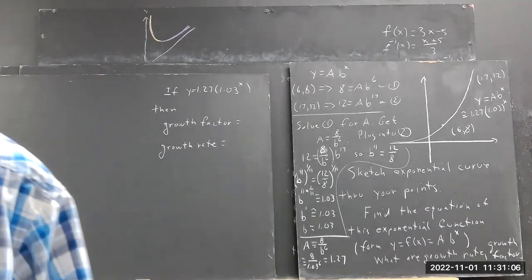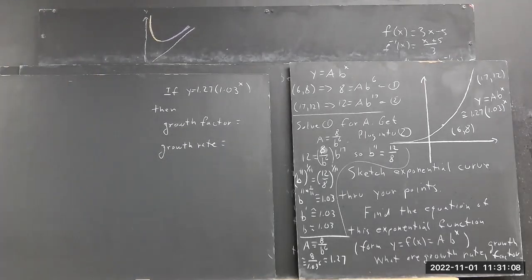You haven't got those on your paper. You're checking my numbers. Go ahead, but if you don't have the growth rate and growth factor on your paper, write them down and circle them so I can see them quickly, and I'll walk around and see if we're in good shape with that.